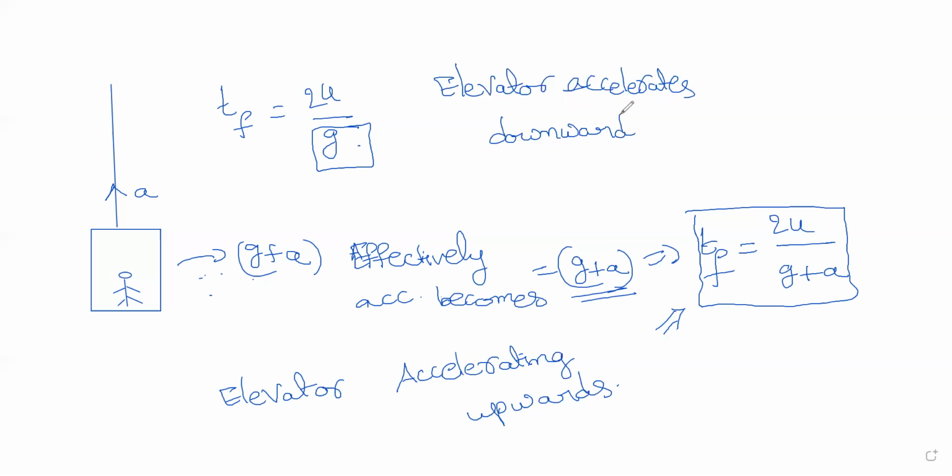If the elevator accelerates downwards, then the time of flight is 2u by g minus a. This is what you have to remember.